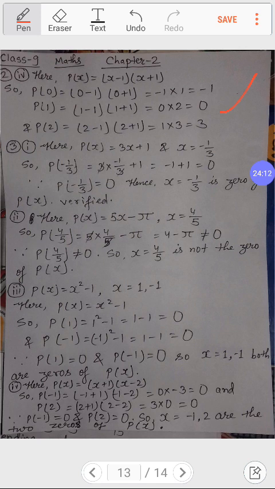And P2 is equal to 2 minus 1 times 2 plus 1, that is 1 into 3 is 3. So this is how we will be finding P0 or P1 or P2 if these polynomials are given. Simply in place of the variable we will be keeping the given number, as over here it is 0, 1, 2, whatever comes in the variable x.